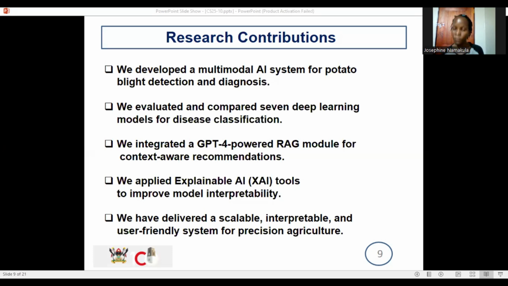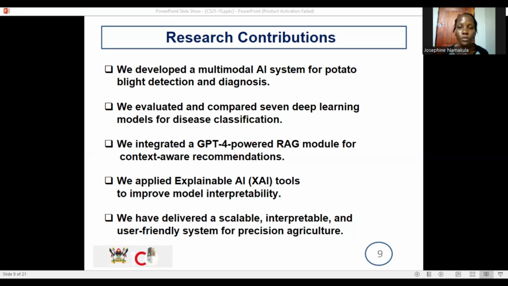It gives you the confidence interval. Then the model itself explains its results. After that, it sends the results to GPT-4, and GPT-4 provides personalized advice and prevention mechanisms.